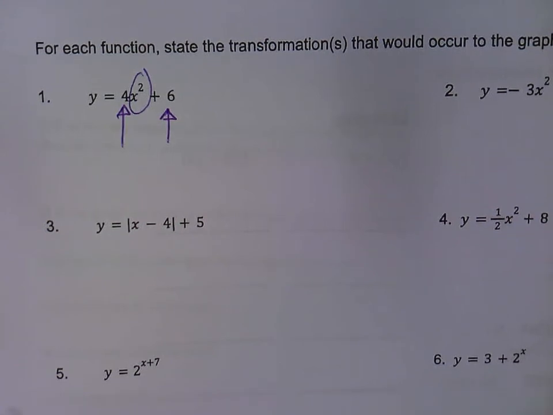So this would be left, this would be right, right? So that's one of the changes you can make. This is up, x squared plus 1. This is down, x squared minus 1. So then what are my other ones? This would be a stretch, and this would be a shrink.